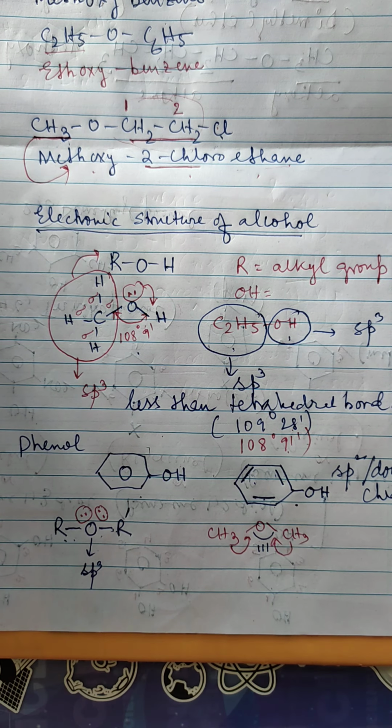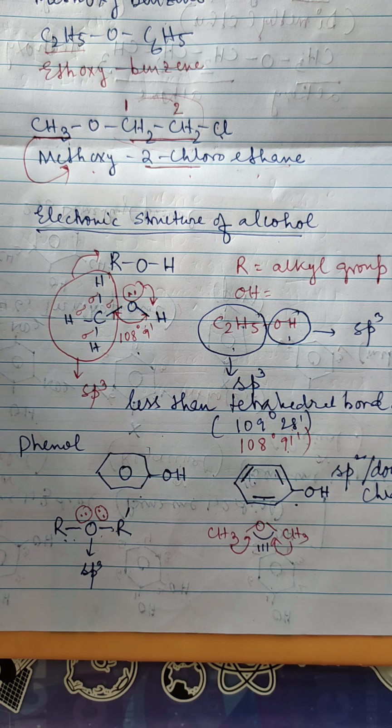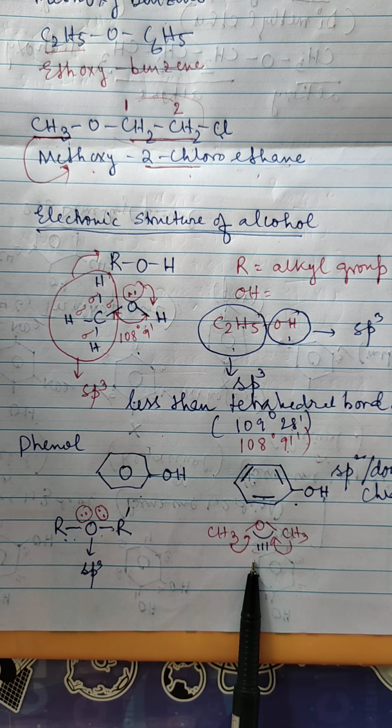So the normal bond angle would have been 109 degrees 28 minutes, but now this bond angle changes to 111. As a result, there is an increase in the bond length, and because of the increase in bond length, the size actually increases. In this way, this becomes the structure of this type of ethers.